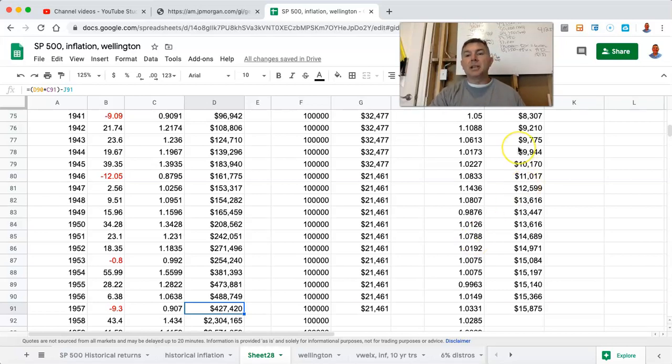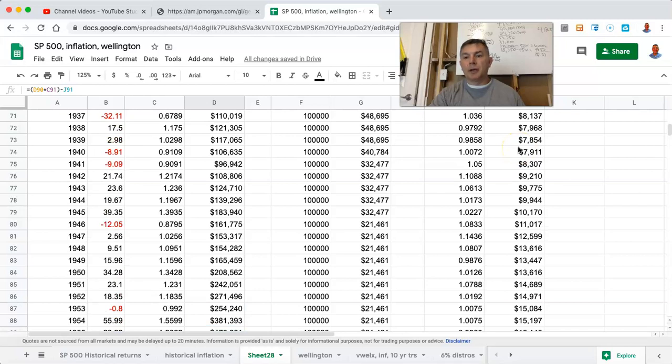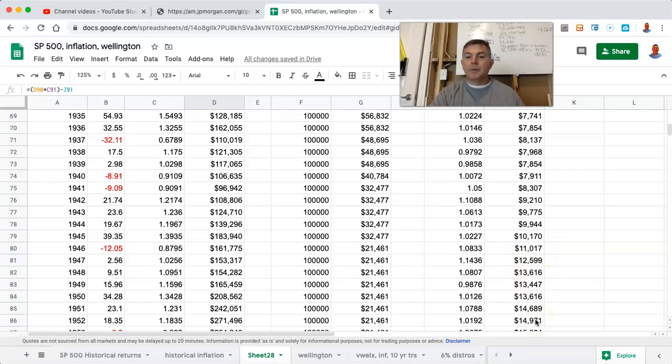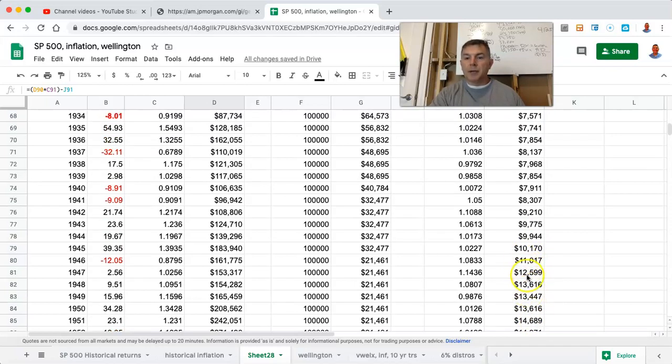But inflation came back around. In fact, from 1939 onward, we had inflation. So we needed $7,800 in 1939, $7,900, 83, 92, 97, 99, 10, 11, 12, 13, 13, 13, 14, 15, 15, 15 a year. And then we had a little bit of deflation here.